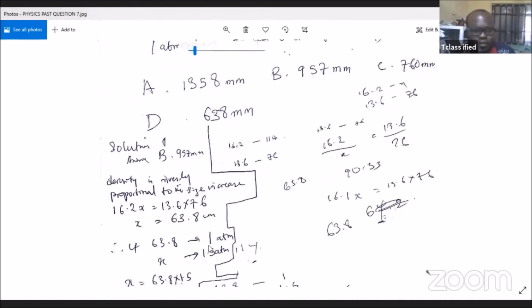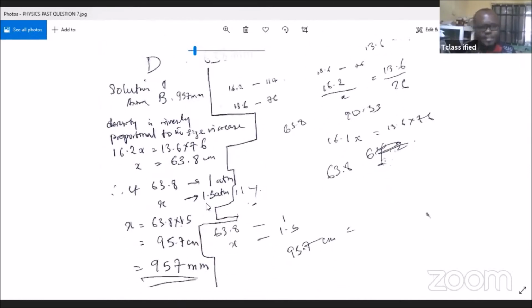So make X the subject of the formula, and you get 957 millimeters of mercury.